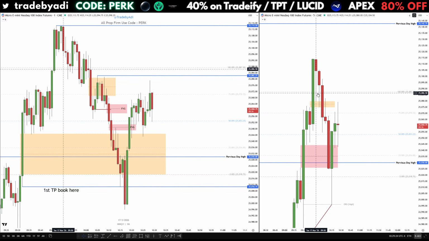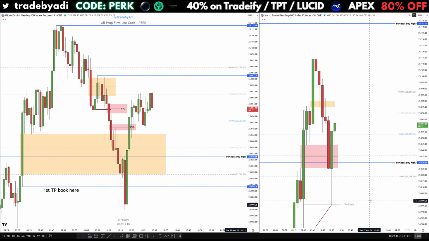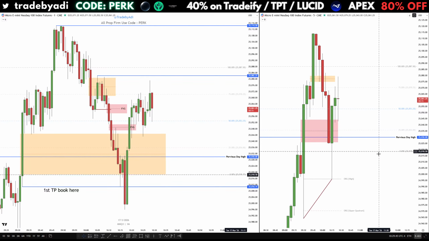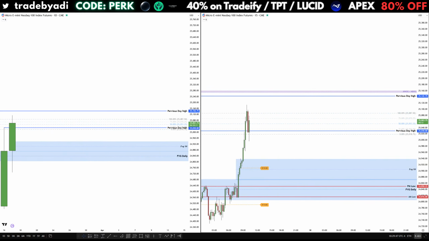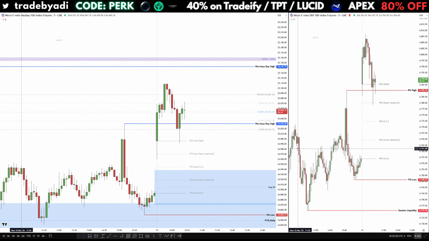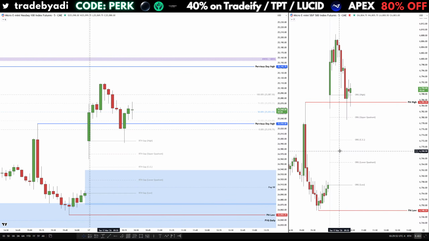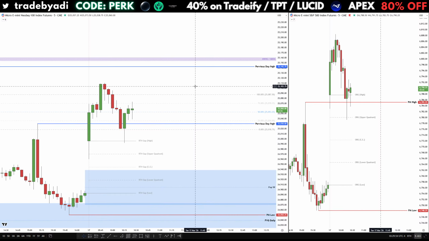The strongest SMT you can ever have is if you are below the 8:30 and below the midnight open, then it will be the strongest SMT you can ever have. These kinds of SMTs are the continuation SMTs. See what the ES is doing over here. You also have to check the ES.